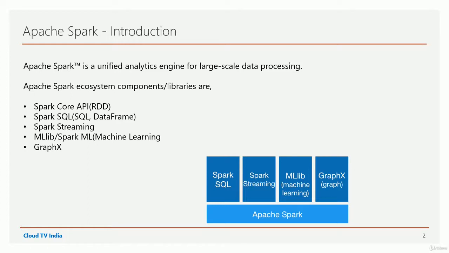For structured data, they introduced Spark SQL. For near real-time processing, Spark Streaming. For machine learning applications, the MLlib or Spark ML library. For graph-based data, GraphX. So this is the overall Spark ecosystem.